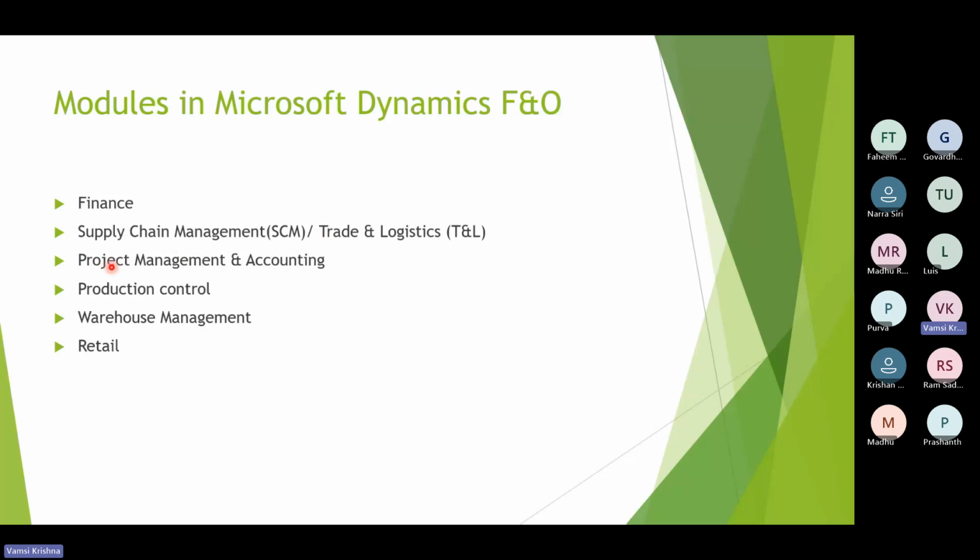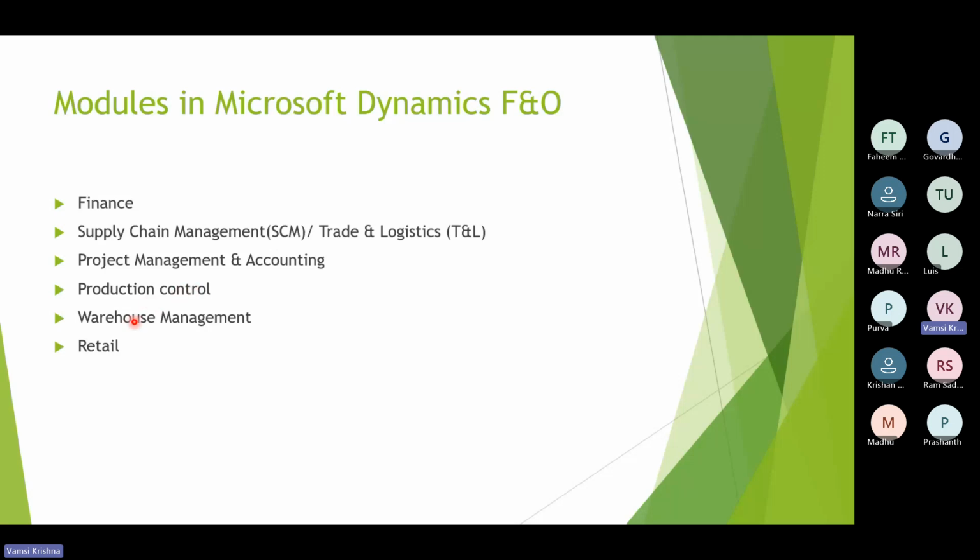Then there's project management and accounting. In our organization, whatever types of projects they get, all the billing or project related information will be handled in this module. Production control, you must understand from the name itself. Wherever there are manufacturing companies, they use this to manufacture any finished good or product.